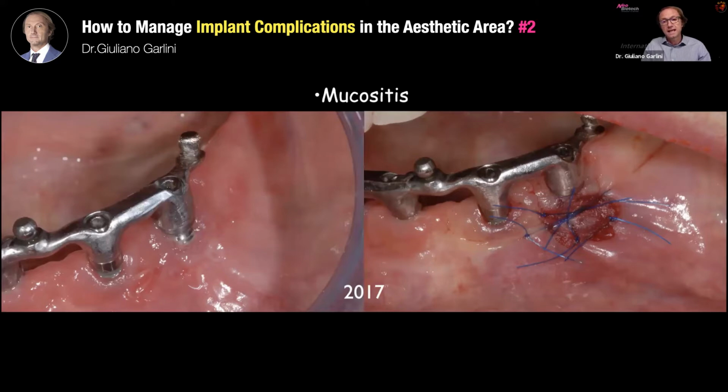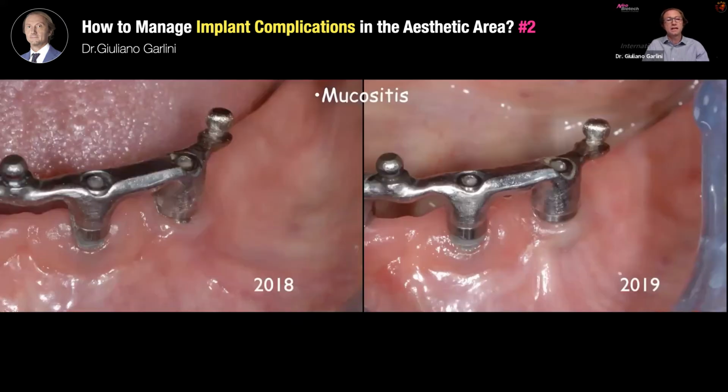So we decided to perform a surgery to increase the amount of keratinized mucosa around the implant. In this case, we utilized a connective tissue substitute, or better, an epithelium connective tissue substitute. This was the mucograft. And after 1 year of surgery, you can see that the situation is getting better.